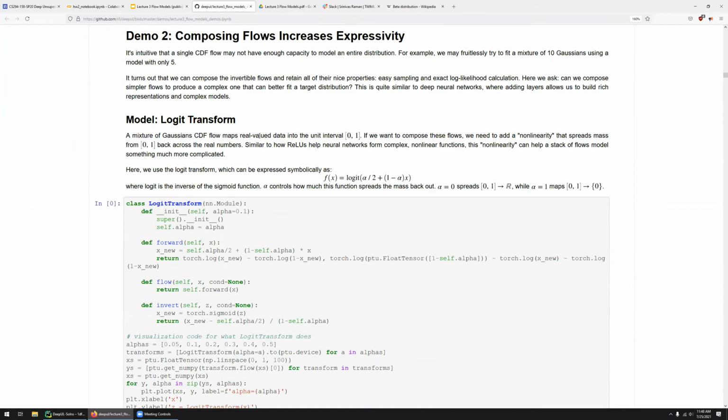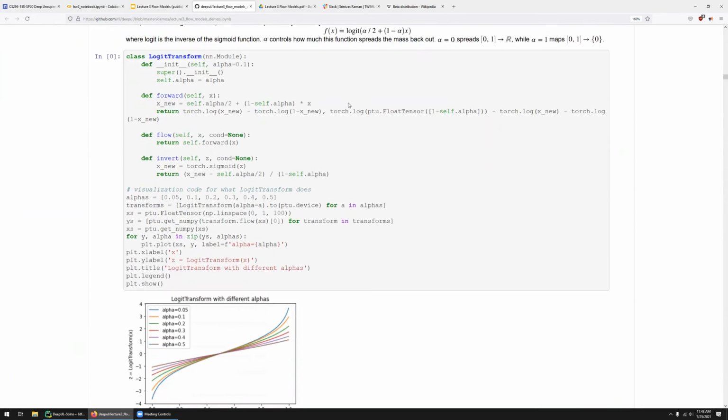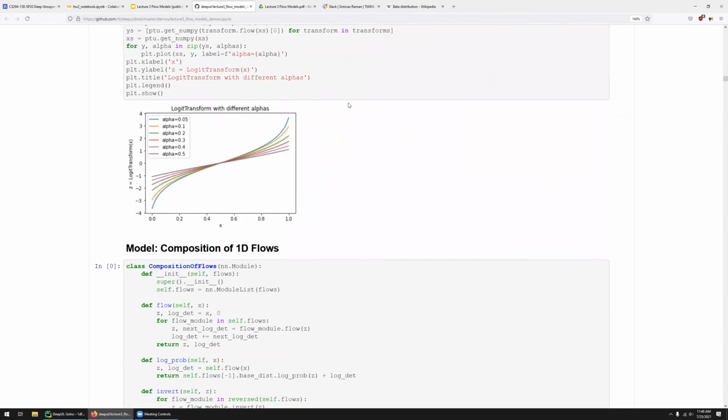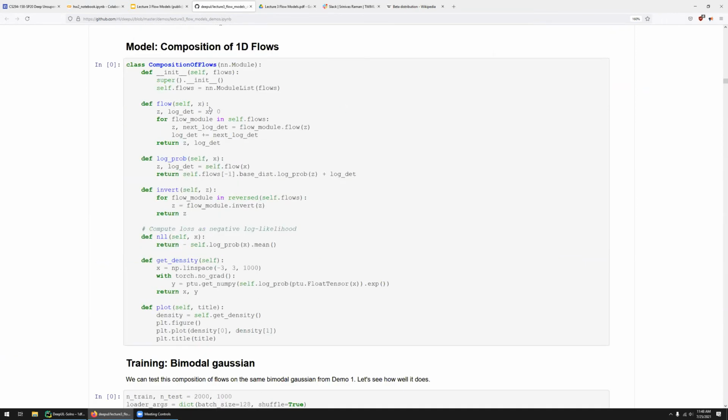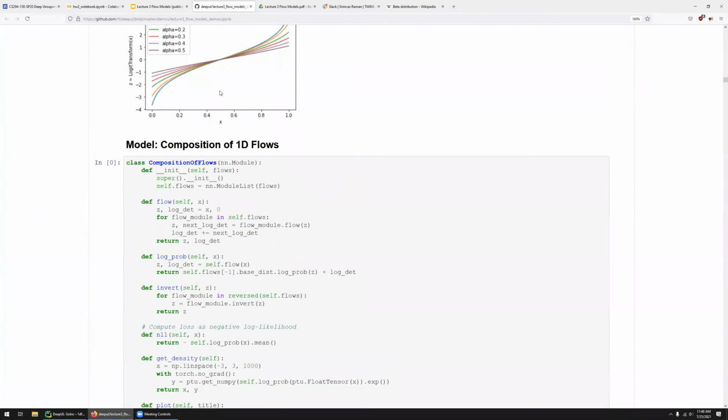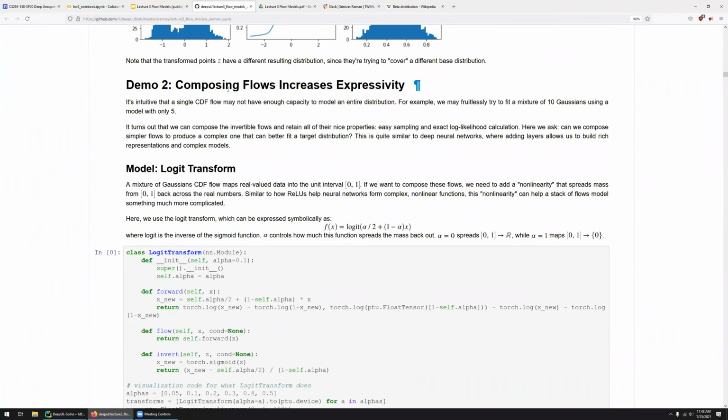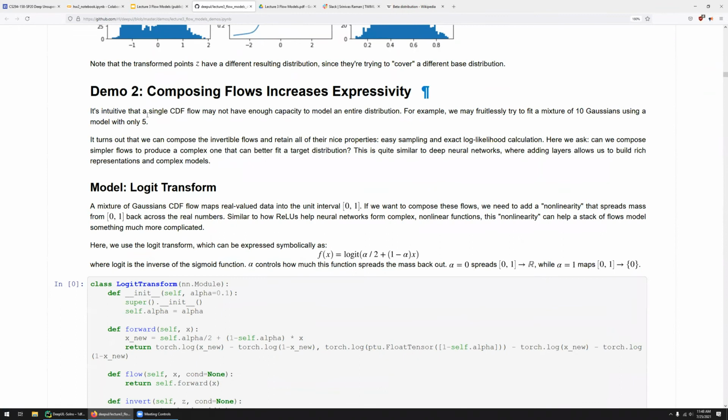Composing flows improves expressivity. Different alphas. Yeah, this would be interesting. How do we compose? If we just look at the paragraph that he had at the top, like what it's saying.